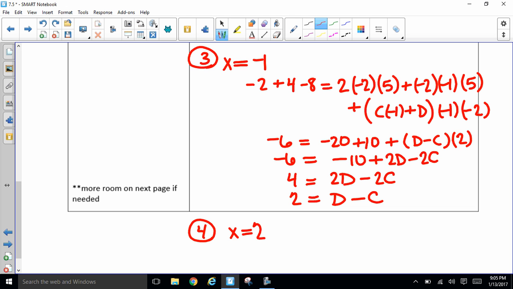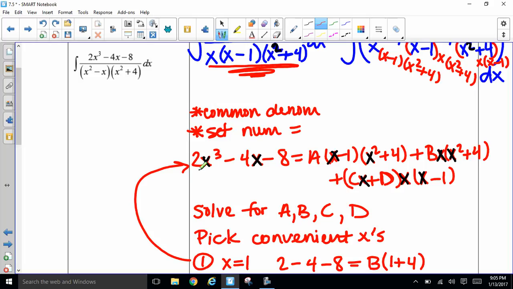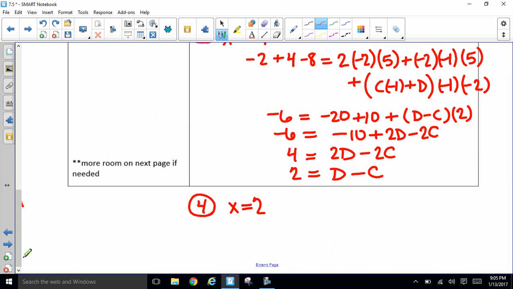And if you do that, and again, go back up to this equation, every x that you see, you now put in a +2. You fill in the a that we solved for with 2, and you fill in the b that we solved for with -2, and you do all that cleanup. You should be coming up with 16 equals 2d plus 4c.